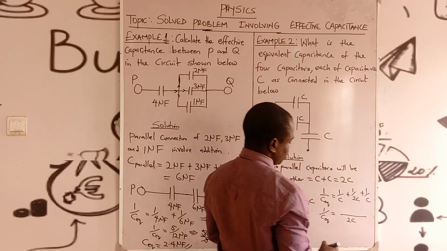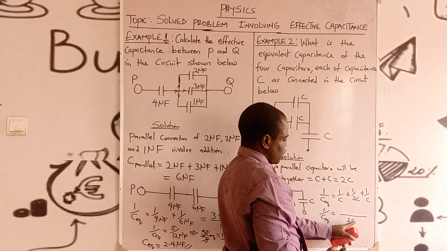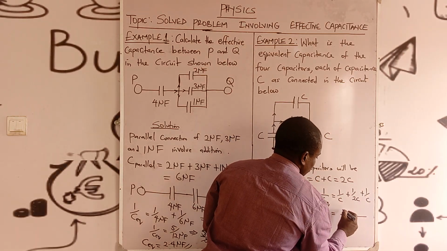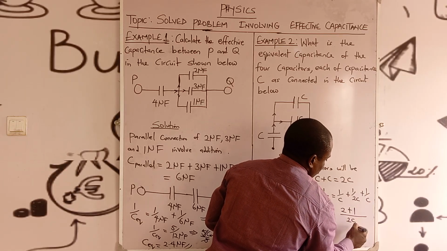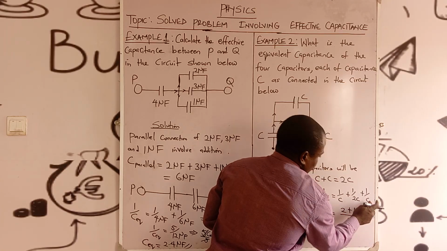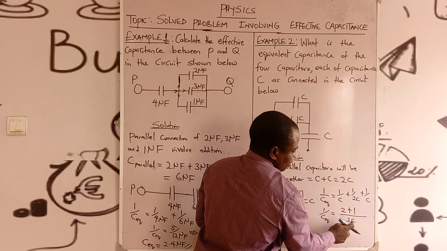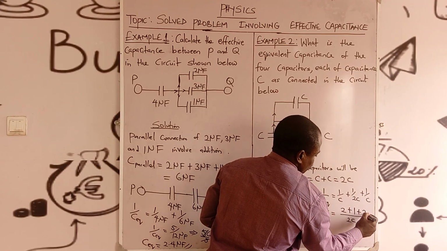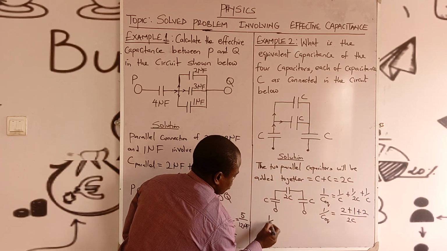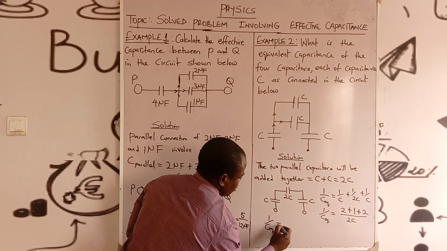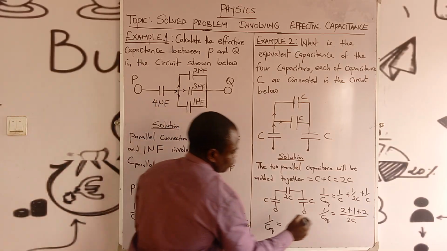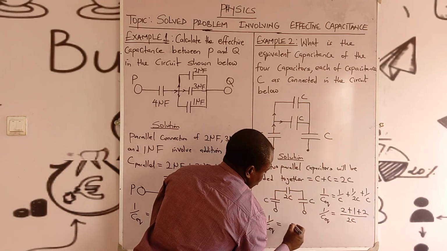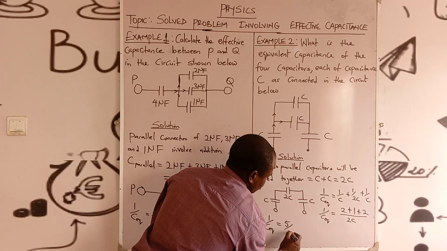C goes into 2C, that's 2. 2 times 1 is 2. 2C into 2C, 1. 1 times 1, 1. C into 2C, that's 2. 2 times 1, that's 2. So 1 over C equivalent equals 2 plus 1, that's 3, plus 2, that's 5. 5 over 2C.